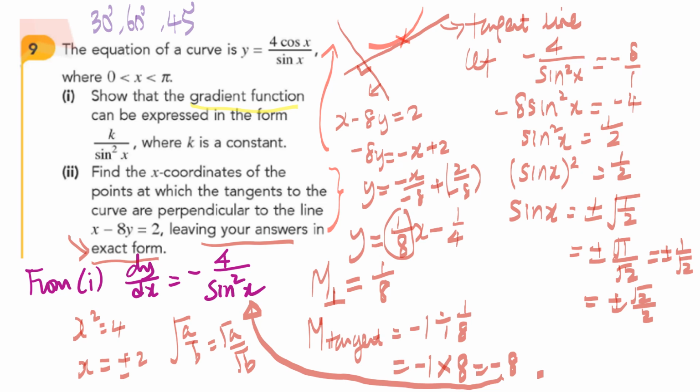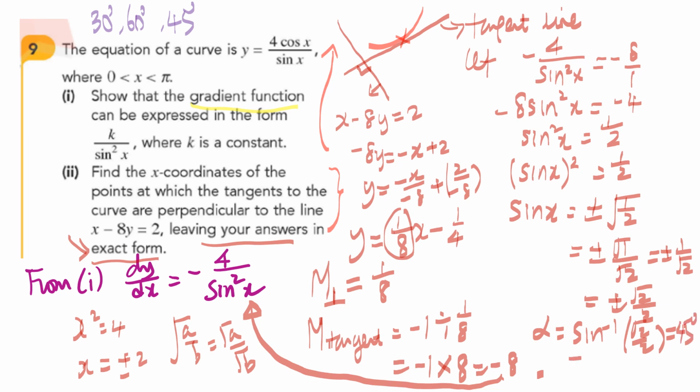So your alpha is sine inverse of the positive value only, which is square root 2 over 2. And that gives you 45 degrees.